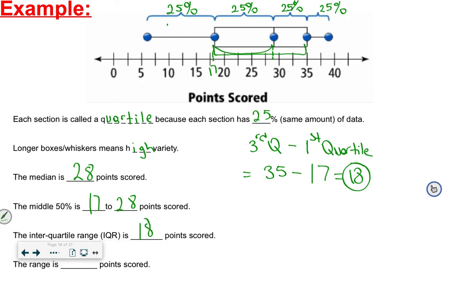And what is the range? To be able to find the range, you need to subtract the minimum or least number from the highest number. Highest number is 38 minus the least number, let's say 6, then your range is going to be 32.